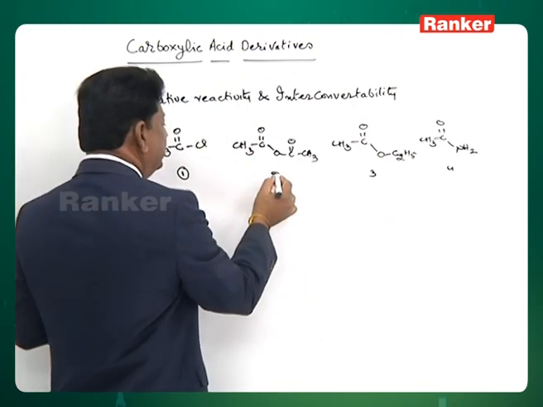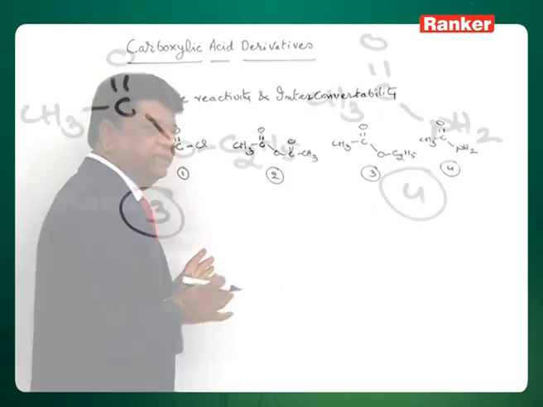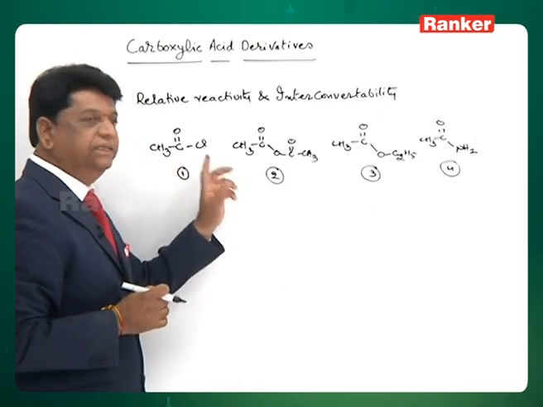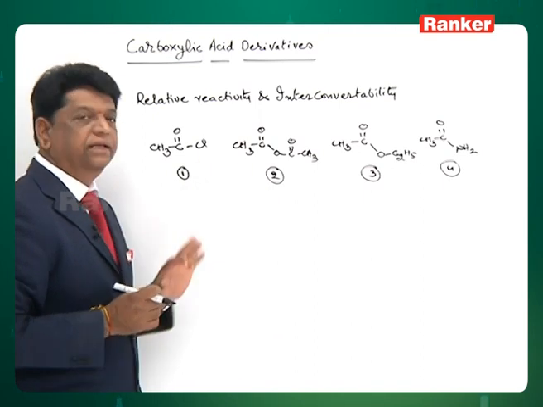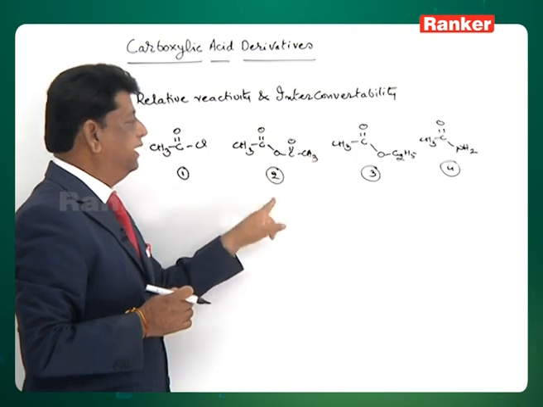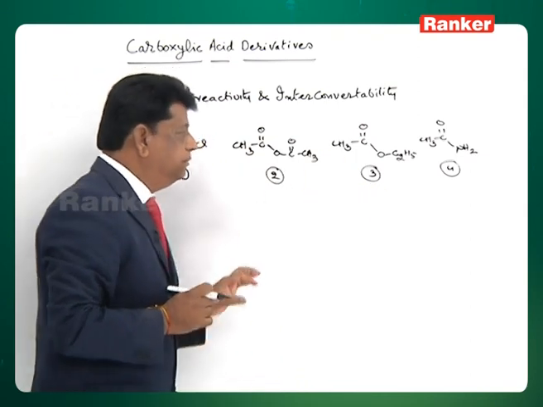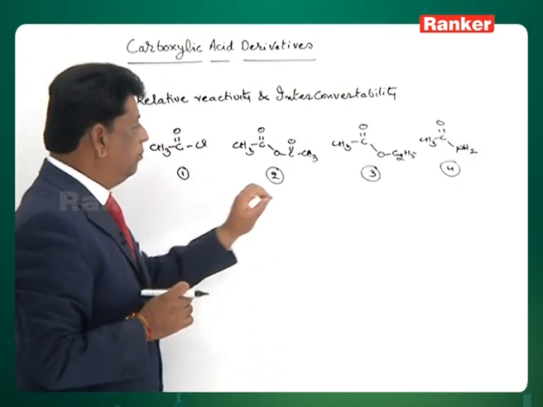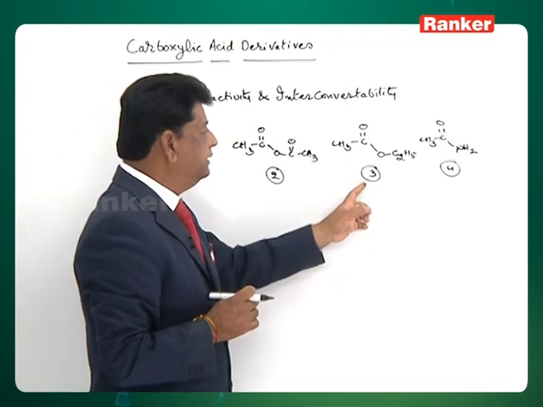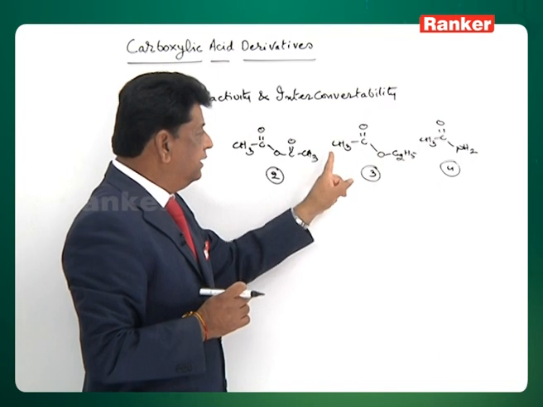Let us remember these numbers also, try to remember this till the end of this chapter. When I say the second member, it means anhydride, that is specifically acetic anhydride. Compound 3, the derivative that is more stable, means ester, specifically ethyl acetate, ethyl ethanoate.